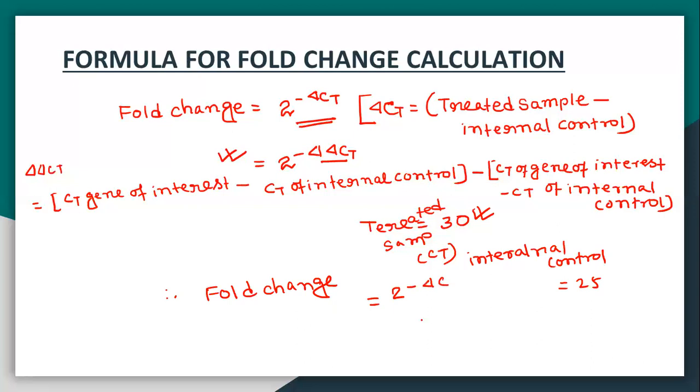That means 2 to the power minus 30, that is treated, minus internal control, that is 25.